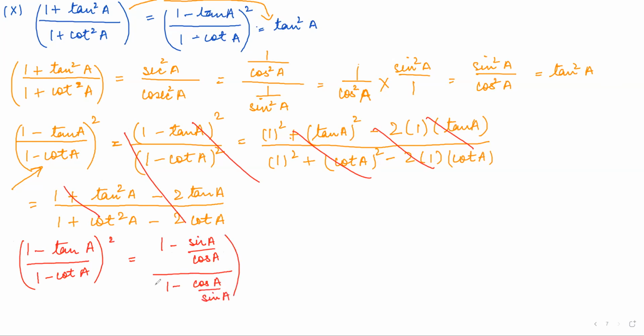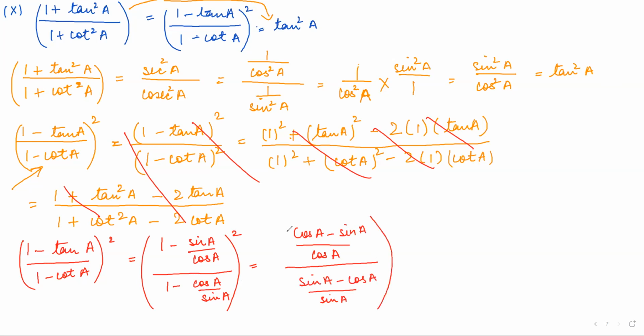So I'm not opening the whole square, I'm putting it outside here. Now let's take LCM. So cos of a will be the LCM, and you get cos of a minus sine of a, and then divided by the LCM sine of a, and you get sine of a minus cos of a, and now whole square.